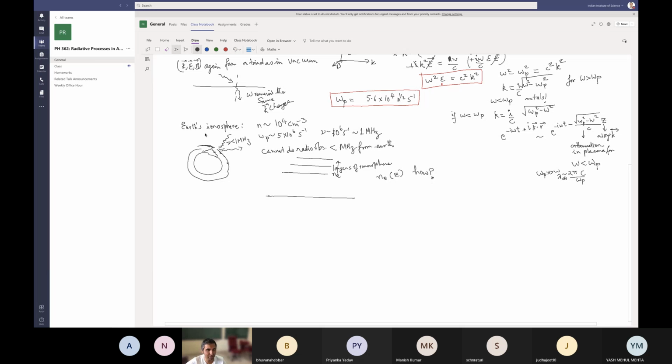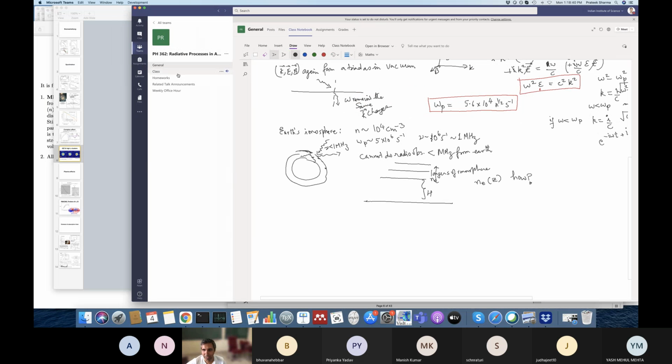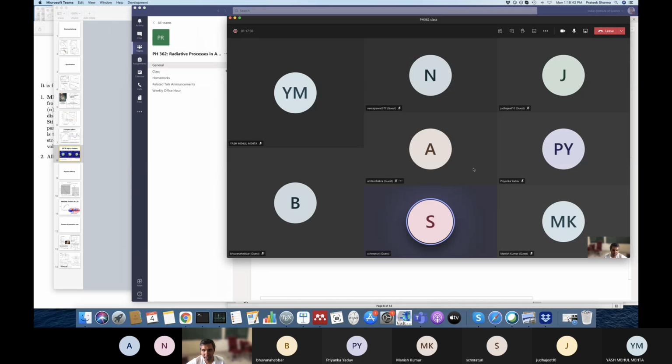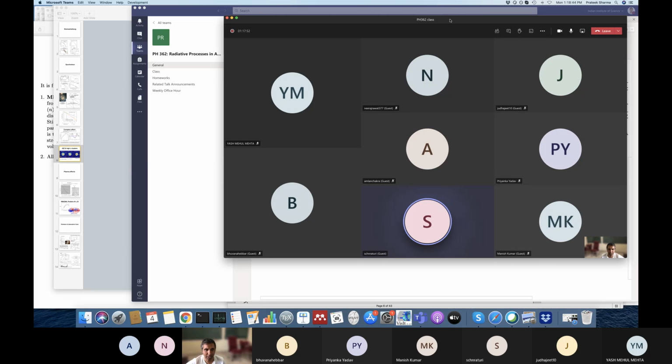So you heard the theory. Now I want to test, at what height is this layer with this electron number density located? How can someone suggest how one can go about this? Let's see. Some suggestion: e to the power minus kz tending to 1.